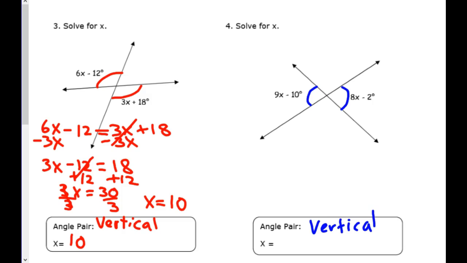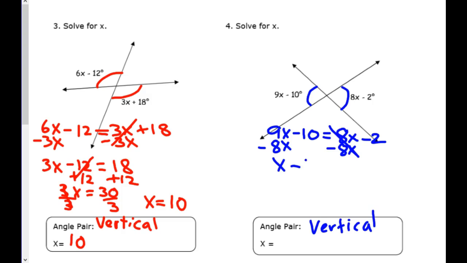9x minus 10 equal sign 8x minus 2. So just like last time, get rid of the smaller x. Minus 8x, minus 8x. What's 9 minus 8? 1x. So we would get 1x, but we're going to just write x.